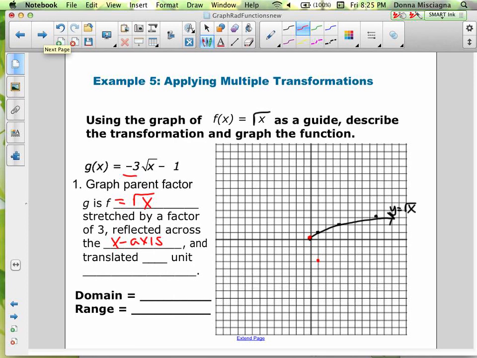So 3 in the negative direction, then 6, 4, and 3.